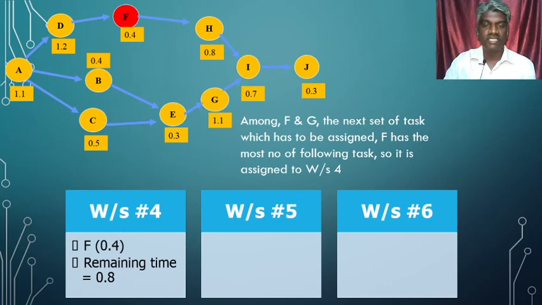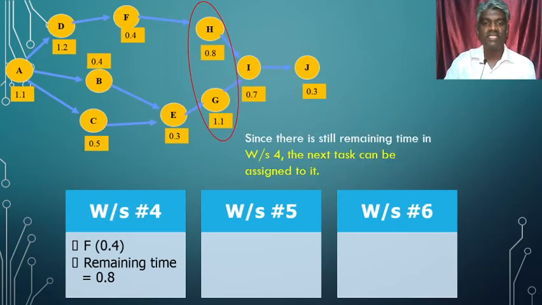And for the next workstation, we have to assign F. F takes 0.4 minutes and the remaining time is 0.8. So F is assigned to workstation 4 first. Among the next set of tasks, we have H and G. Both have 2 following tasks. If you look at the processing time, H has 0.8 and G has 1.1.